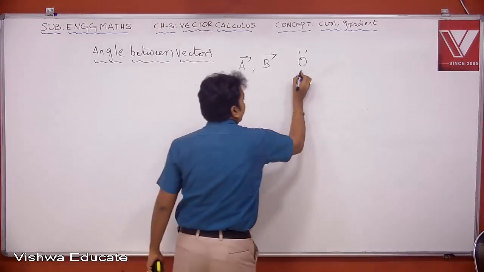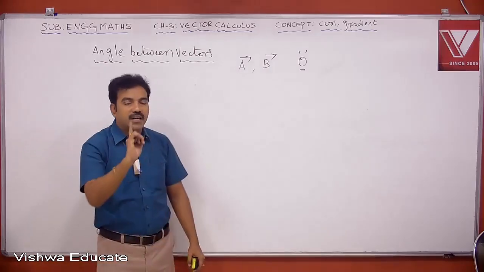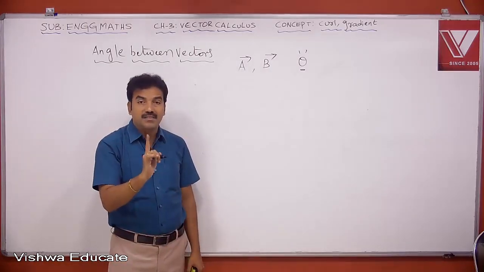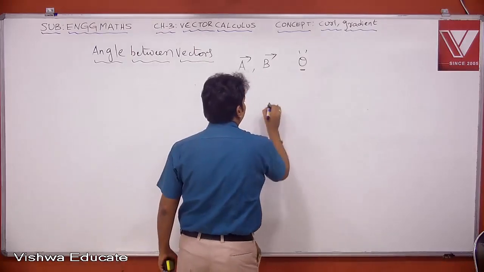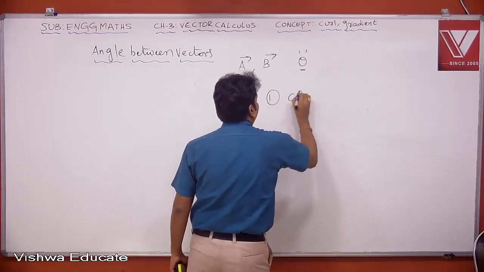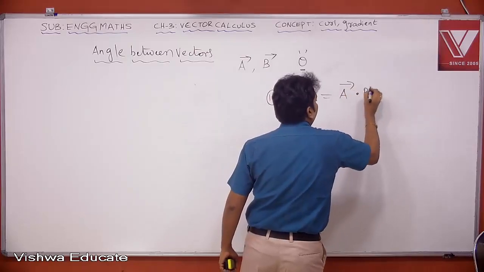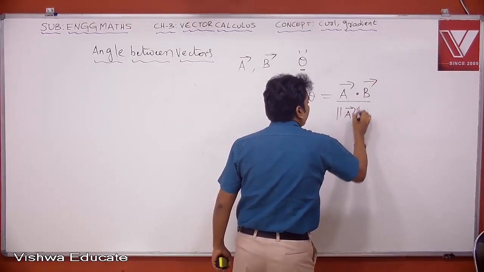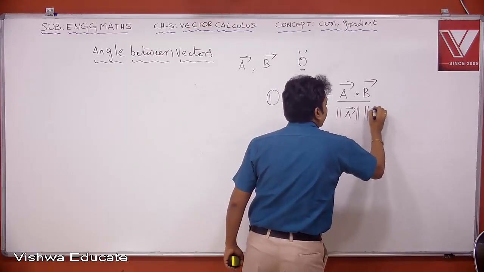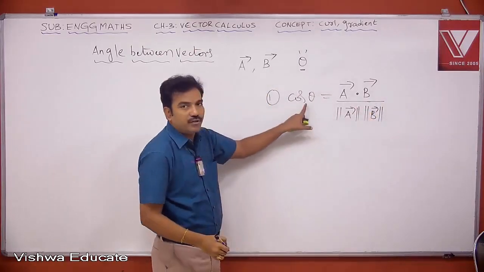Then this theta can be measured in two different ways. One is by using the trigonometric cosine function, another is by using the sine function. Let us see how to get this using the cosine function. Cos theta equal to A bar dot B bar divided by norm A bar times norm B bar. So this is the way we measure the angle between two vectors using the cosine function.